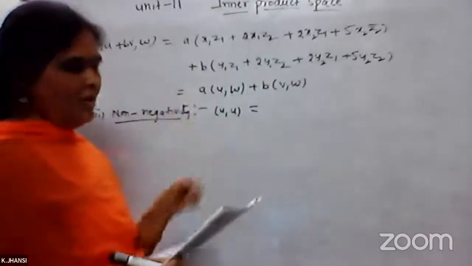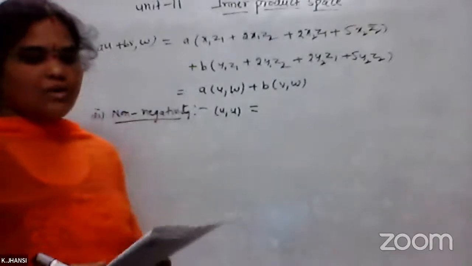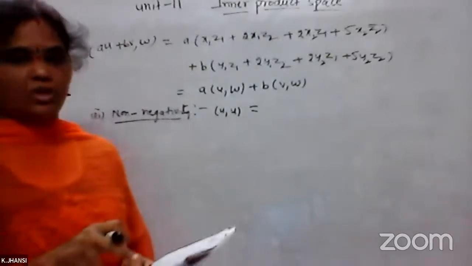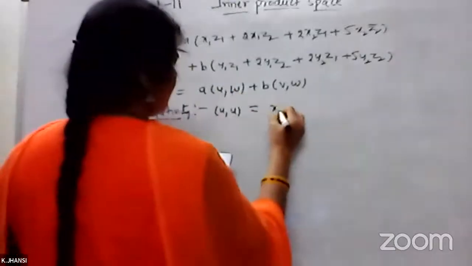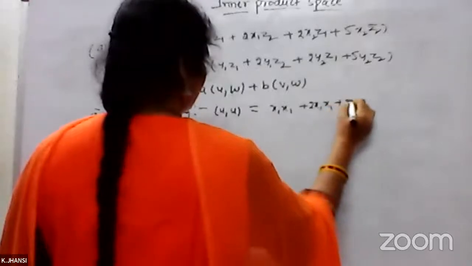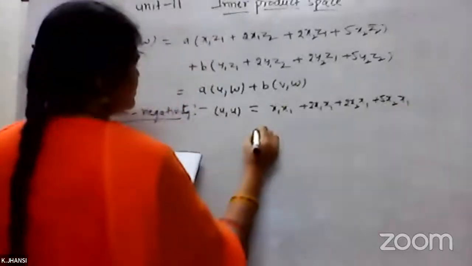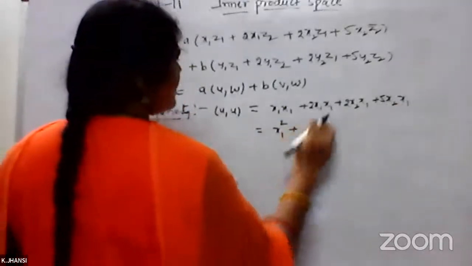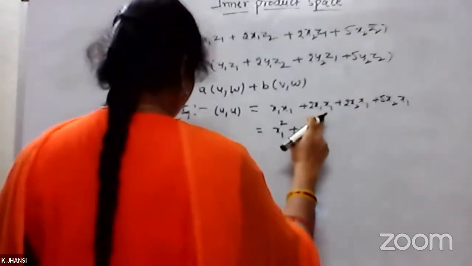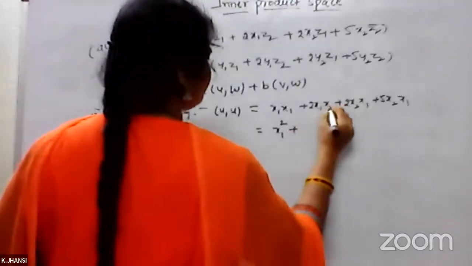It is in the form of x1 y1 plus 2 x1 y2 plus 2 x2 y1 plus 5 x2 y2. That means in place of y1 you have to write x1 only, so you will get x1 square plus 2 x1 x2 plus 2 x2 x1 plus 5 x2 square.